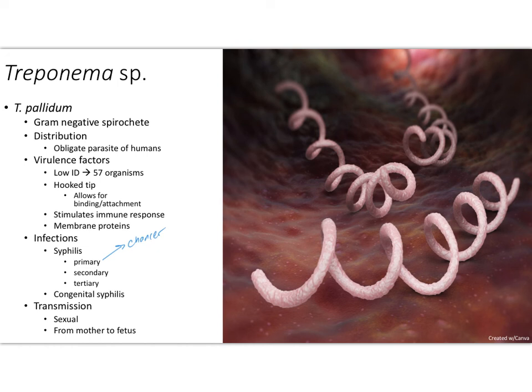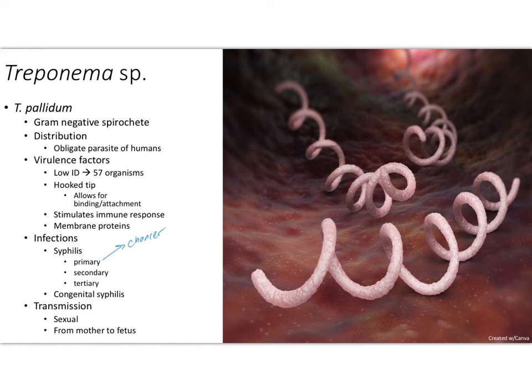What's happening in the tertiary stage is the bacteria is migrating to areas of the body, like the brain and the cardiovascular system. And it's starting to infect the very, very deep parts of our body.